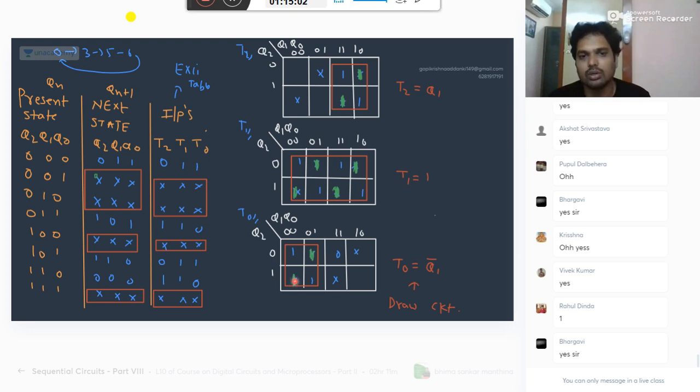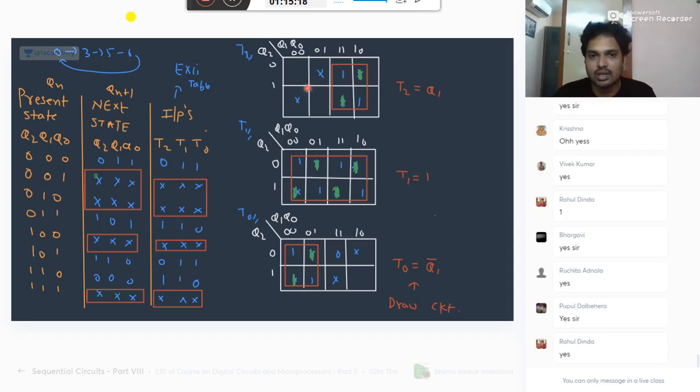You are treating this don't care as 1. Okay, so only these are filled here. Which are taken as ones, and which are neglected are zeros. You accept it or not? Which are neglected are treated as zeros, which are considered are treated as ones.